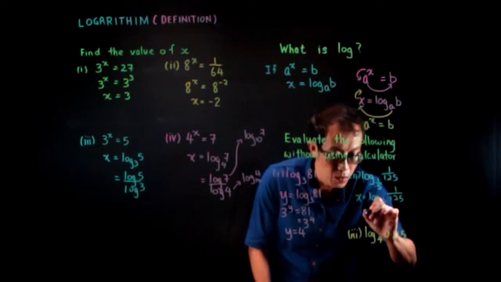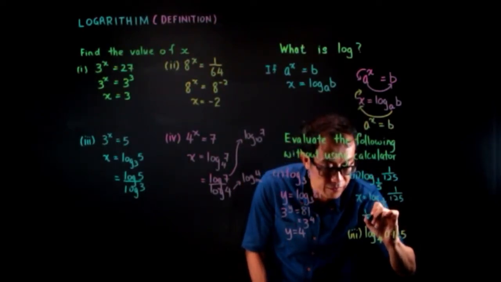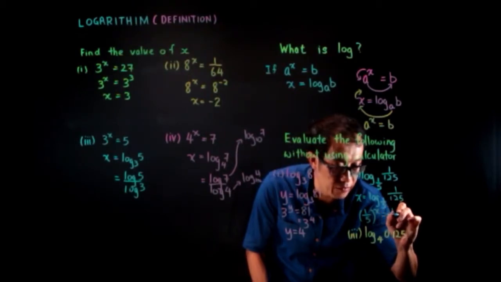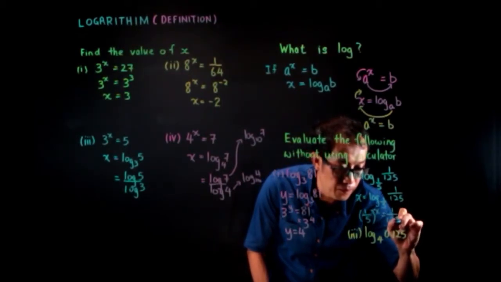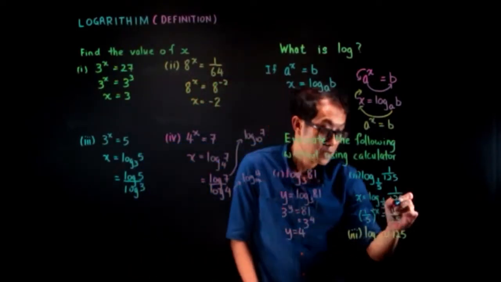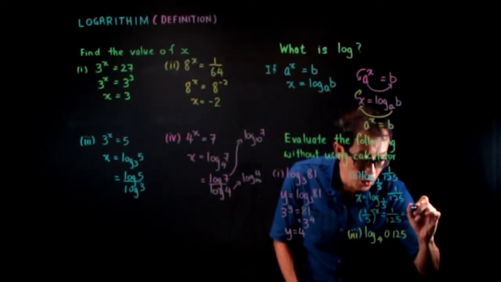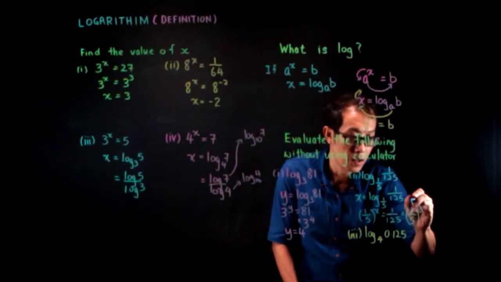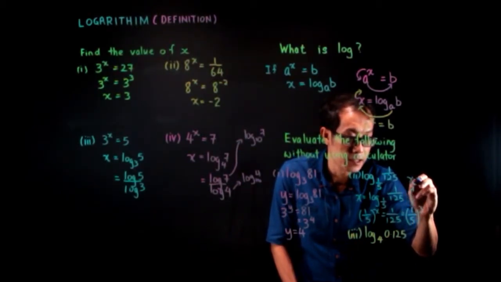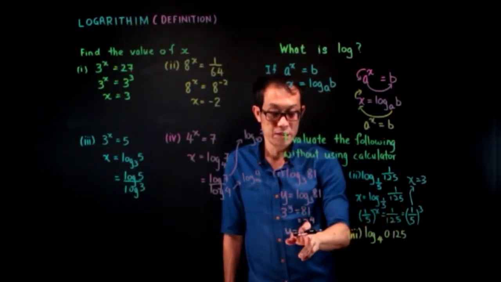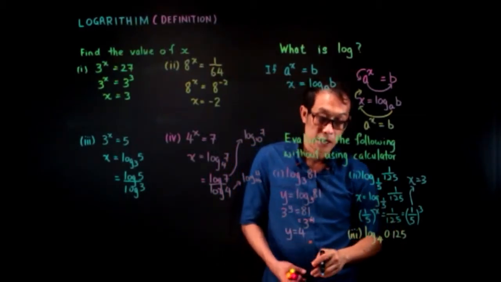So now 1/5 to the power of x is 1 over 125. Now 5 times 5 times 5 is 125. So this is equal to 1 over 5 to the power of 3. Therefore, x is equal to 3. So this is equal to 3 and this is equal to 4. Okay?